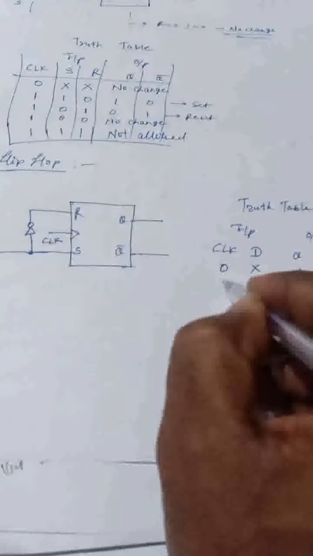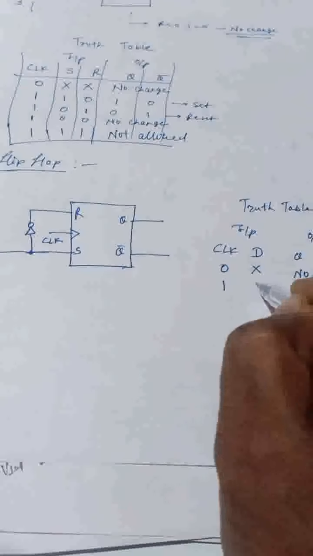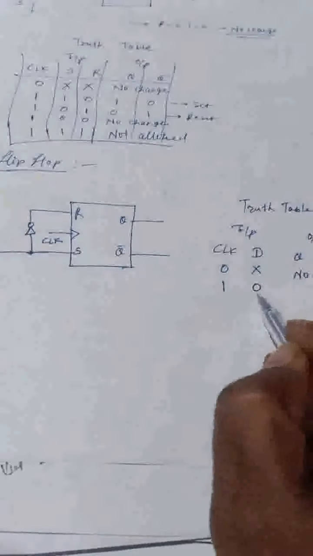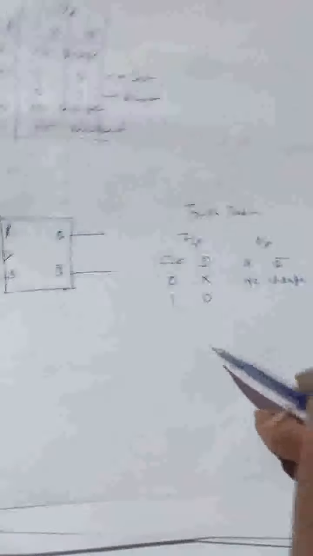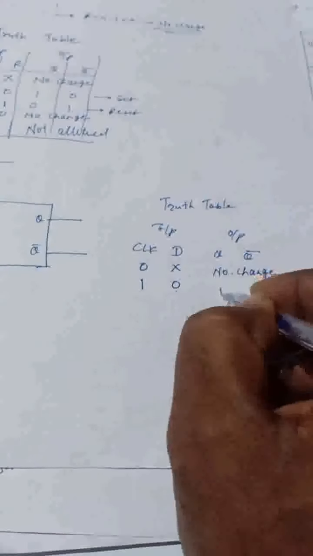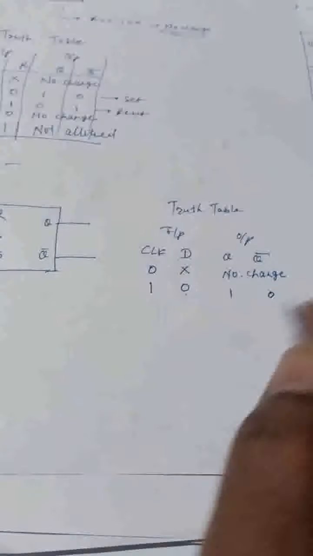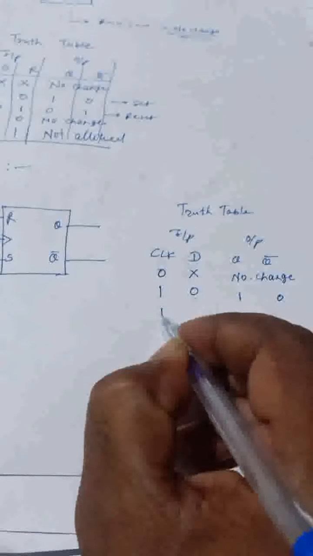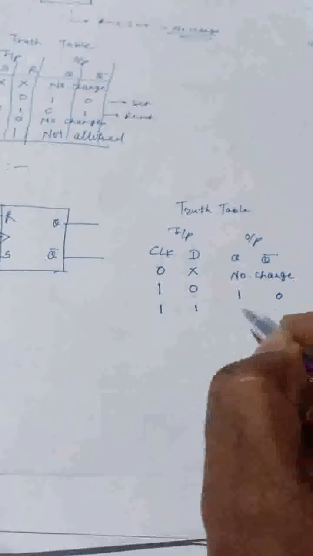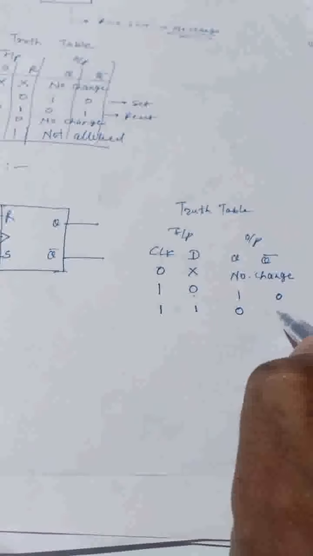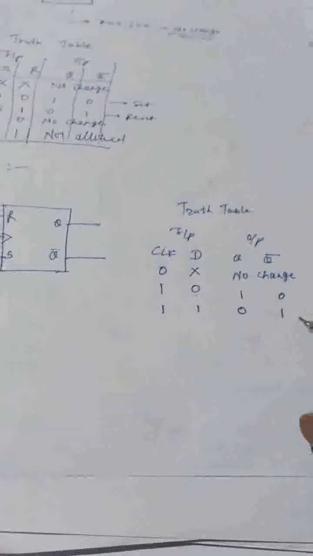If we apply clock 1 and D0, then the 0 is stored in the flip-flop, and Q becomes 1, Q bar becomes 0. If we apply clock and D equal to 1, now Q becomes 0, Q bar becomes 1.